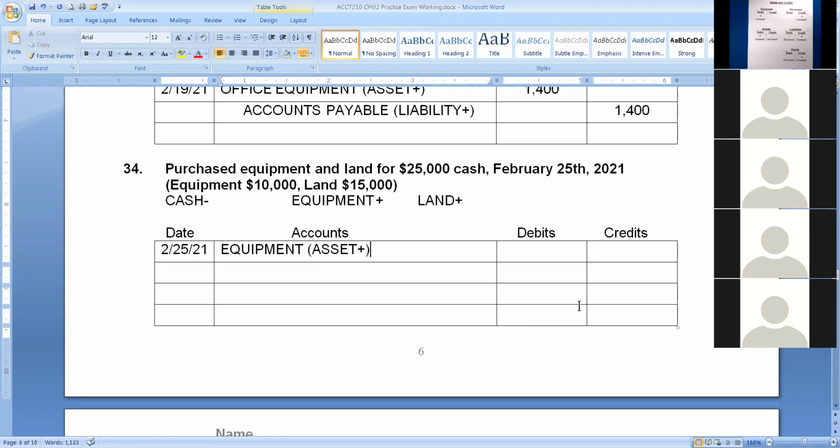So equipment's an asset going up by 10,000. Cash is an asset going down 10,000. Well, I want to talk about this one anyways. Land is an asset going up 15,000.